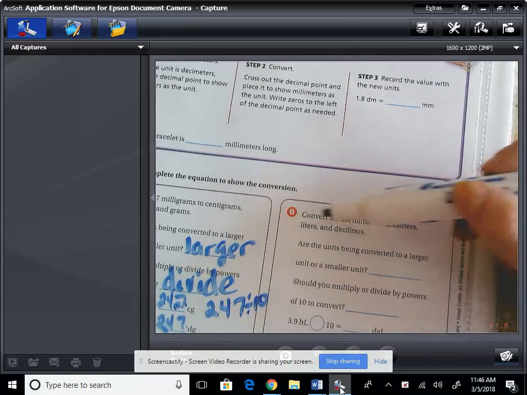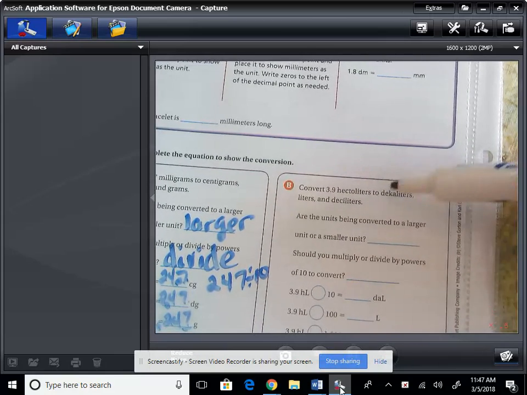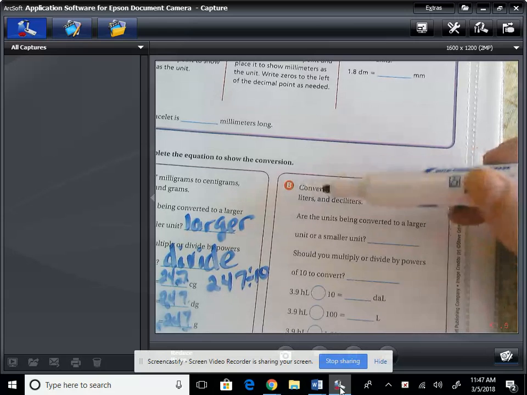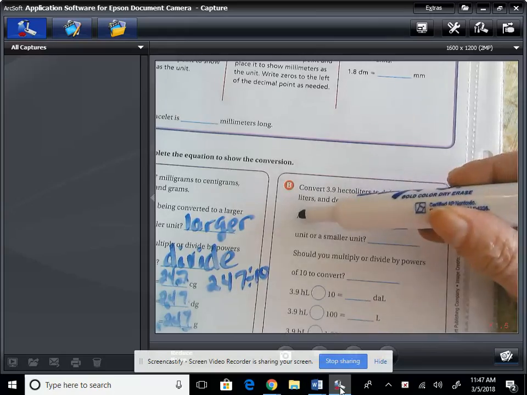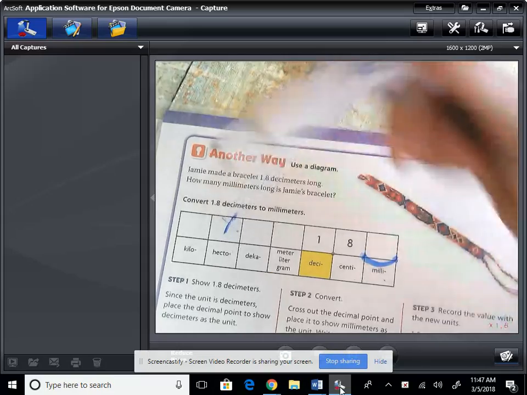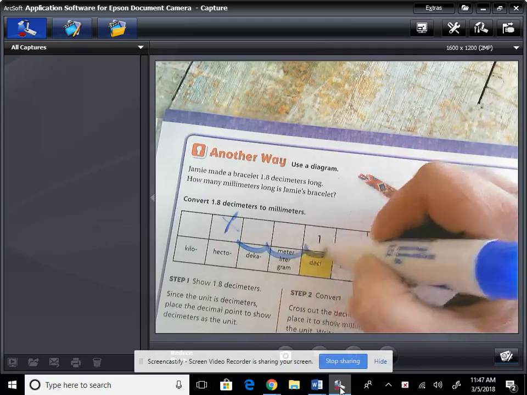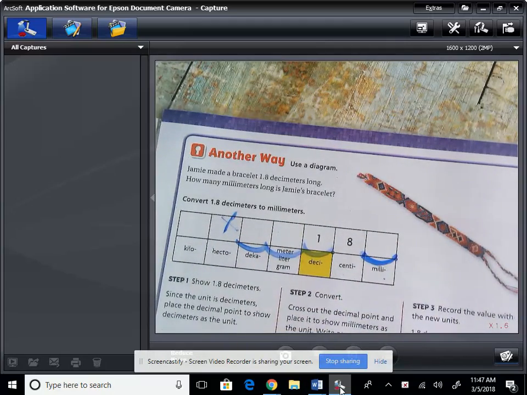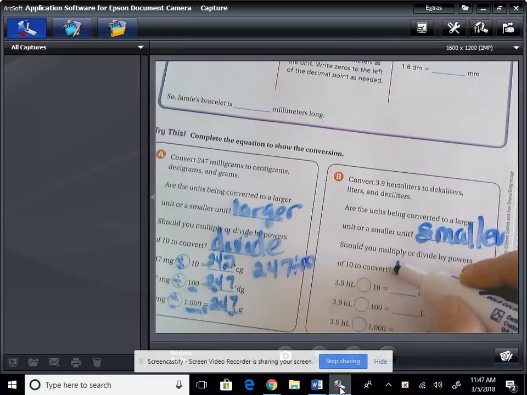Okay. Convert 3 and 9 tenths hectoliters to a decaliter, liters, and deciliters. So let's look. We're starting off with a hecto. So we're starting here and we're going which way? So we're going back, so we're going smaller. So when would we multiply or would we divide? Well, we're going from smaller to larger, so we multiply.